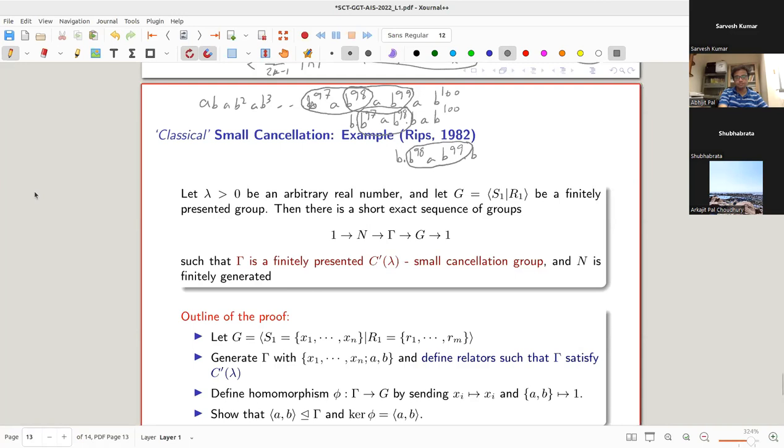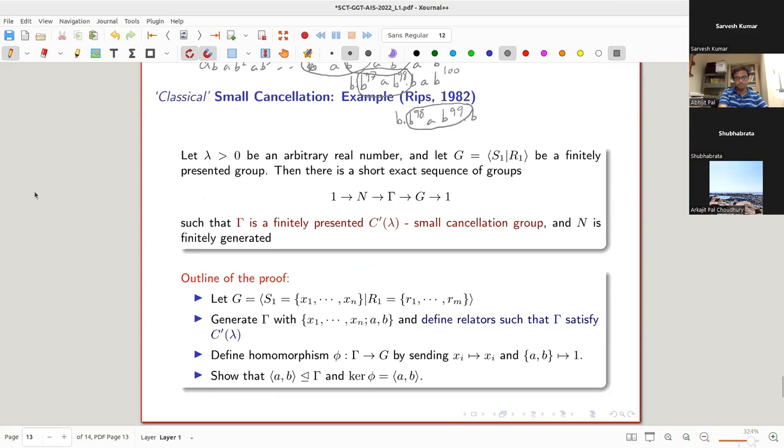The proof is just saying that I take the generating set and the relators of G, and I fiddle around with the generators and relators of that group to define new relators. I just extend the generating set of the group and define new relators.